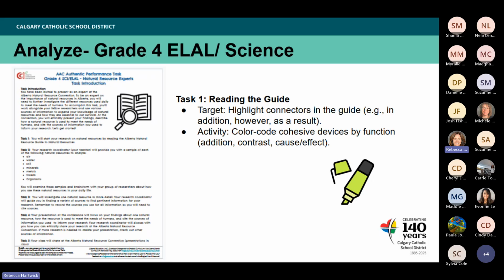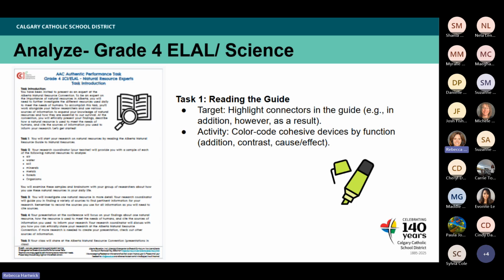So for task 1, if we wanted to explicitly target some work with cohesive devices, we could ask students, can you highlight connectors in the guide? So when the students are doing their research and reading, do they find any of the cohesive devices in the guide that they're reading?